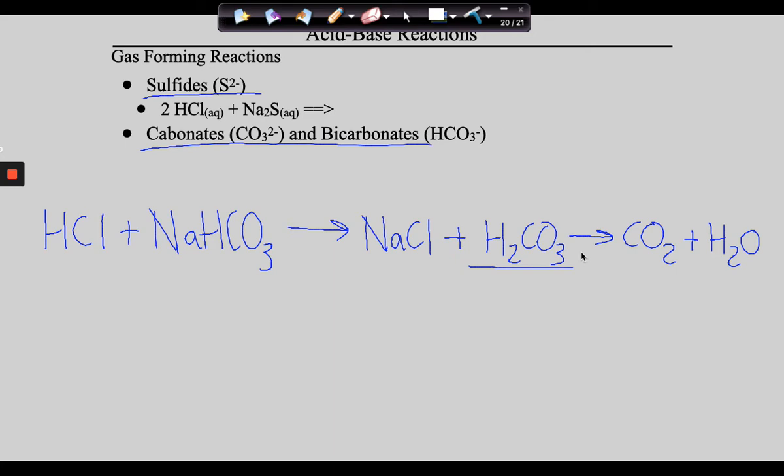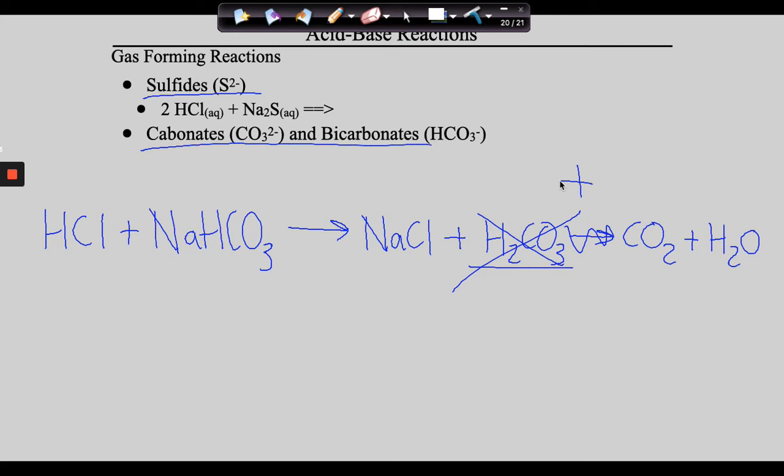And so the H2CO3 is always breaking down to replace it. Because the carbon dioxide is always bubbling away, we say that this breaks apart completely, and this then gives us our overall equation. Our products are table salt, carbon dioxide, and water.